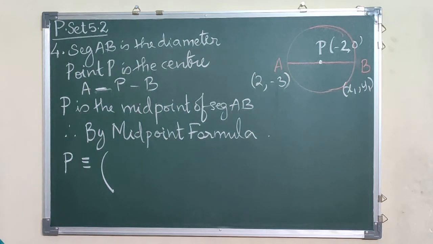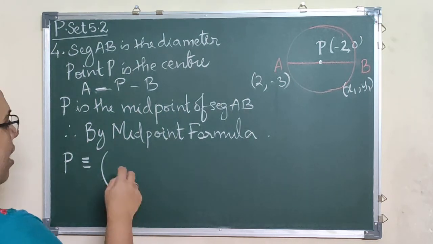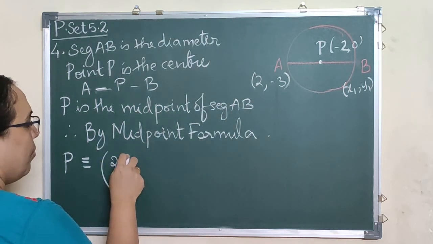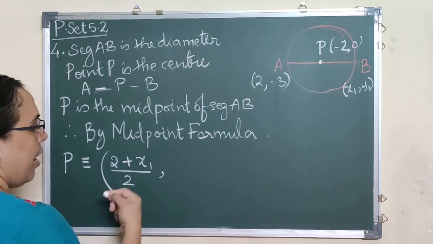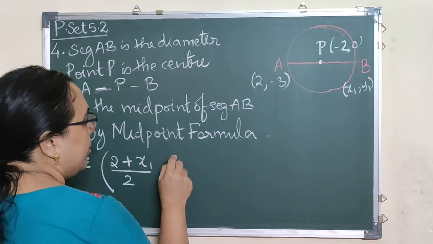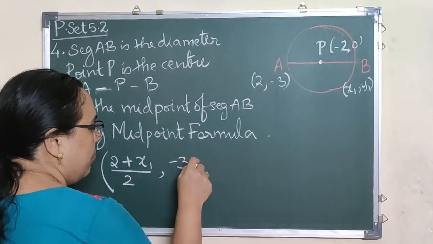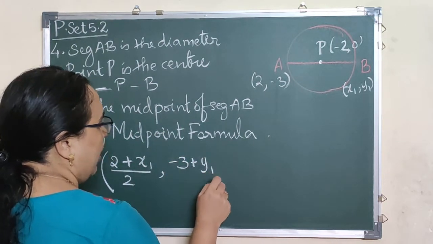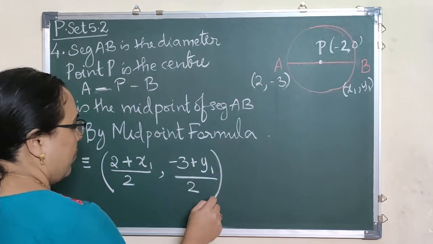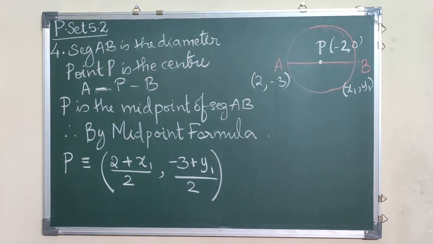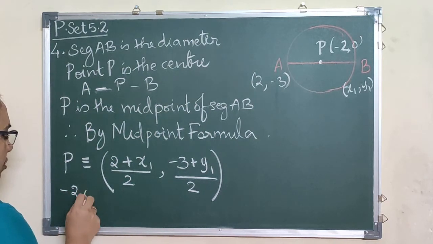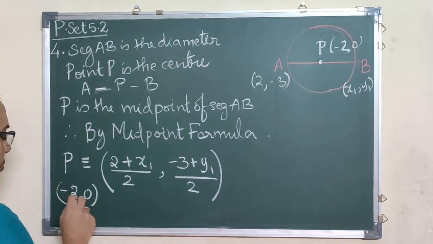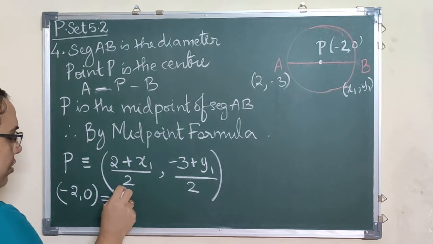So here we have (2 plus x1 upon 2, -3 plus y1 upon 2). Do we know the coordinates of point P? Yes, (-2, 0).